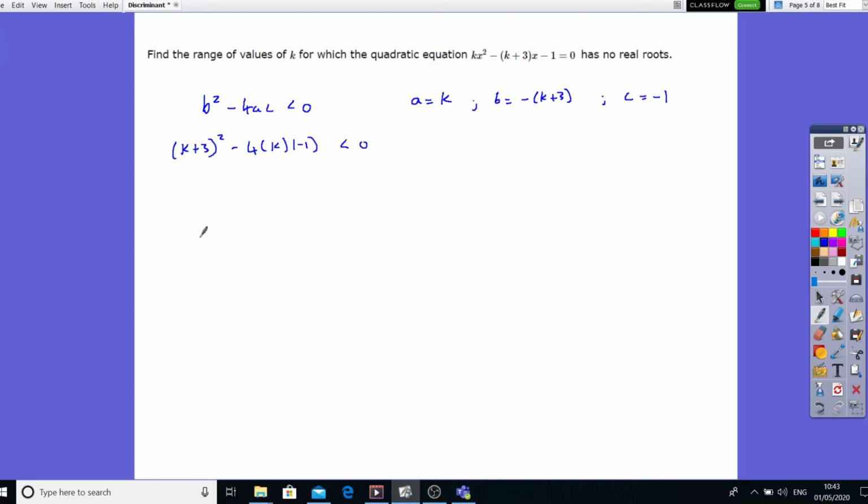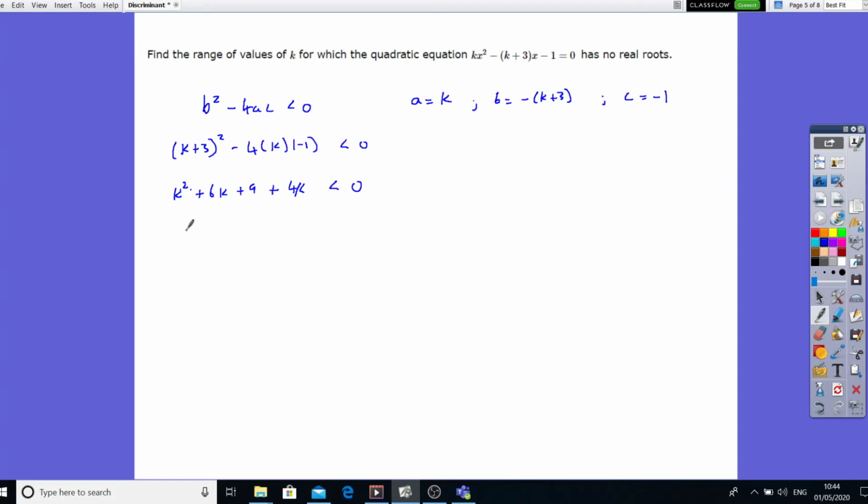Well, that's going to be less than 0, not equal. So let's just expand this. Simple way, k squared, 3 times k is 3k, double it is 6k, so that's k squared plus 6k. 3 squared is 9. 2 negatives make a positive, and that's going to end up as positive 4k, which is going to be less than 0.